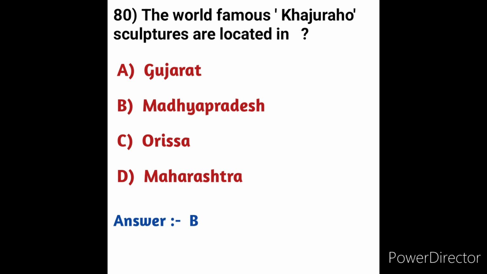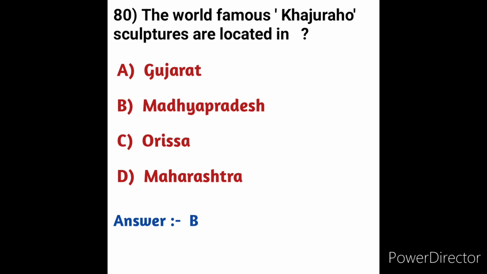In the Chhatarpur district, about 175 kilometers southeast of Jhansi. Here, one of the most popular tourism destinations in India, the Khajuraho sculptures, is located in Madhya Pradesh. World famous Khajuraho is located in Madhya Pradesh. Option B is the correct answer.